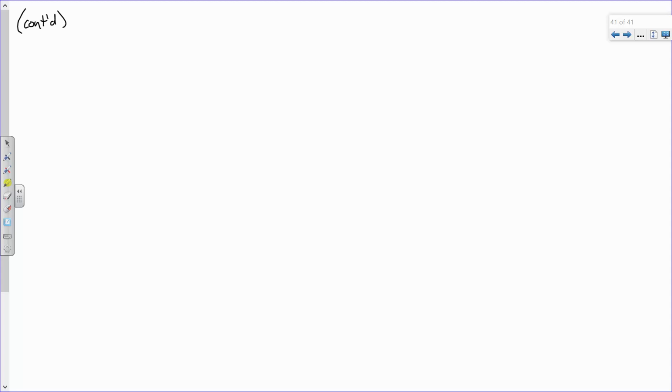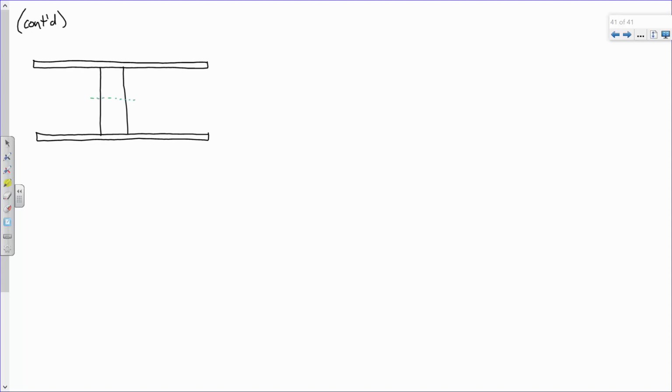Now, let's see if we can do this a little more accurately. This is our datum. That's our centroid. So that distance is 6 inches.